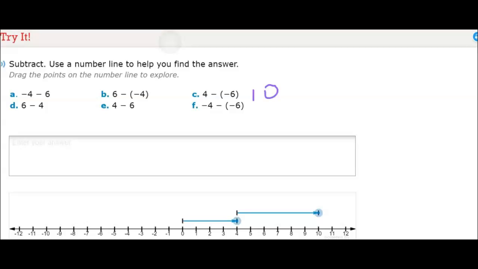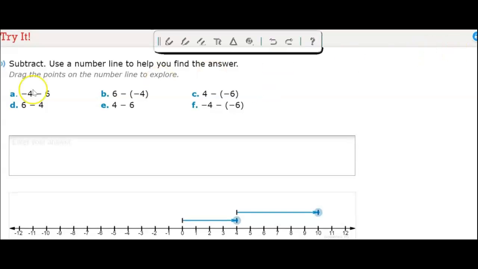All right, let's do D. We have 6 minus 4. So I'm going to go minus 4, so it's going to go this direction.